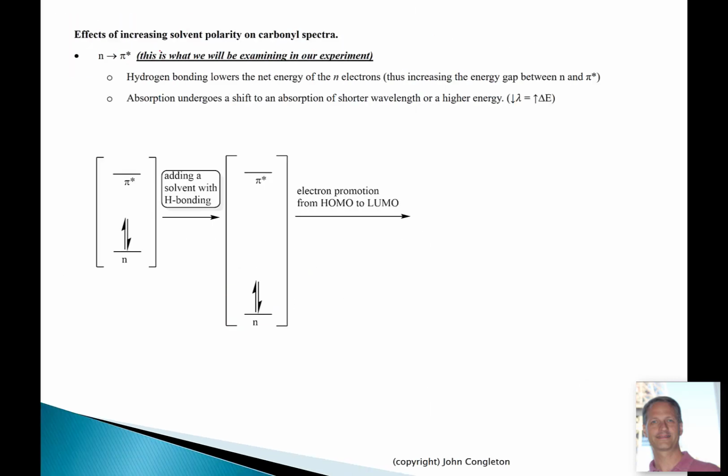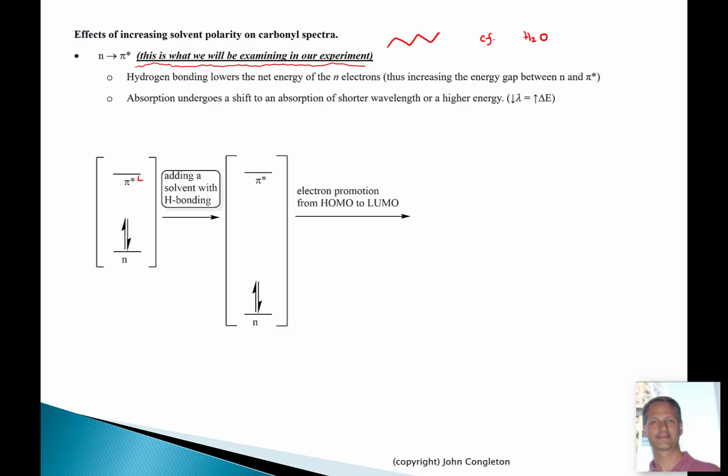We want to look at the effect of increasing solvent polarity on these carbonyl spectra. The idea is that we're going to take something that's nonpolar and compare it to something that has hydrogen bonding. Remember that n to pi star, that forbidden transition, is the one we're going to be examining in our particular experiment.